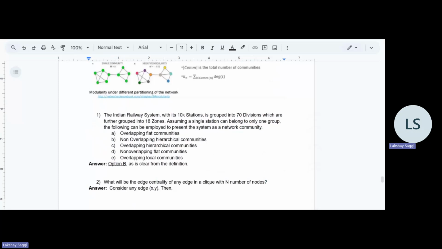So this edge only appears in the shortest path between x and y.